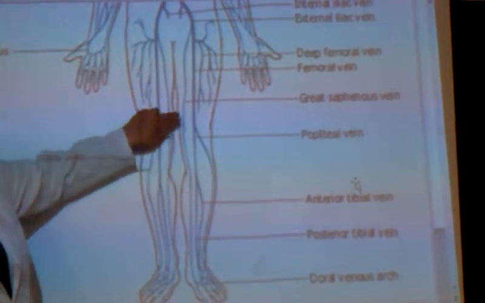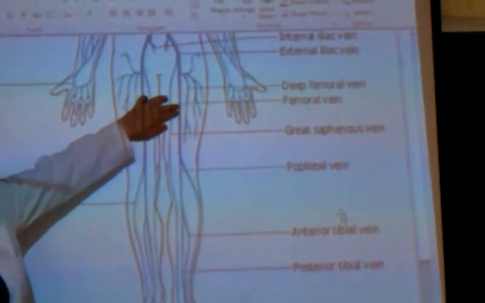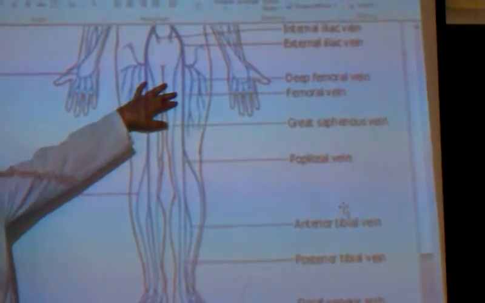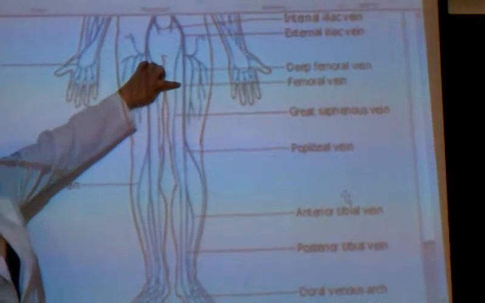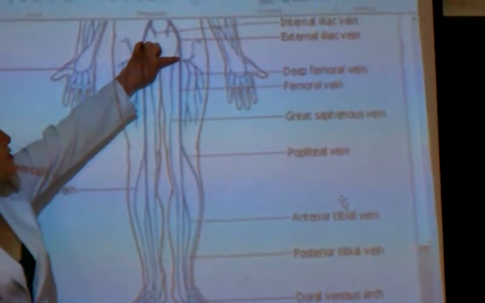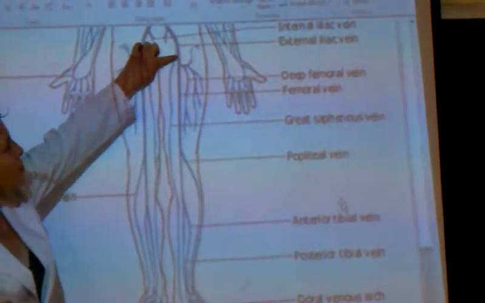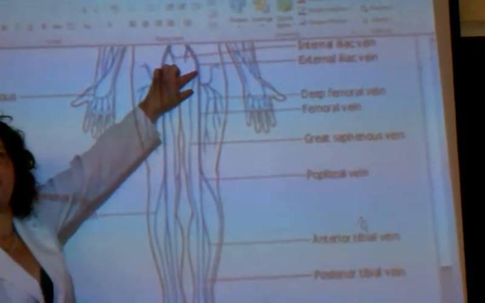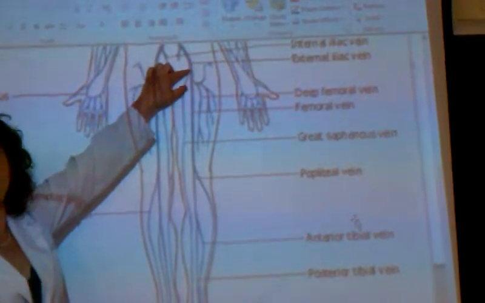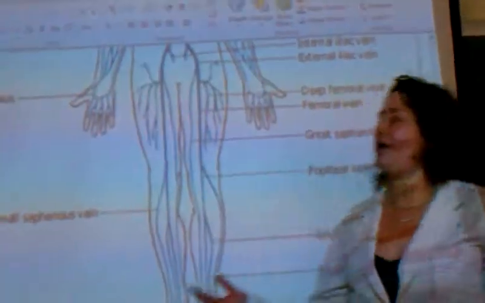Then up through the thigh, we have our femoral vein, which happens to run right next to the femoral artery. That femoral vein, when it goes out of the leg and into the pelvis, will then change its name to the external iliac vein. Fortunately, it sits right next to the external iliac artery.